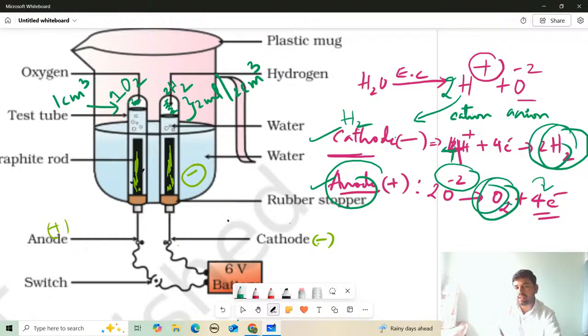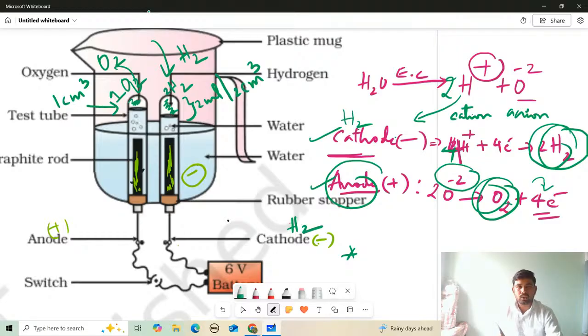They will ask this question: what is the gas produced at the cathode, the cation side? Hydrogen. That's why near the cathode we can expect hydrogen gas, and near the anode, oxygen gas. So oxygen gas will be at the anode, hydrogen gas at the cathode.